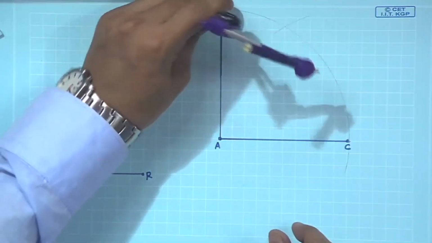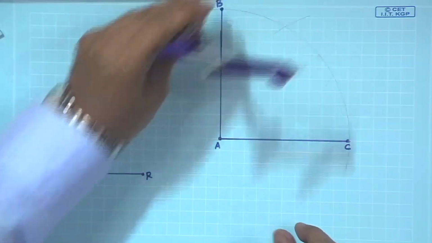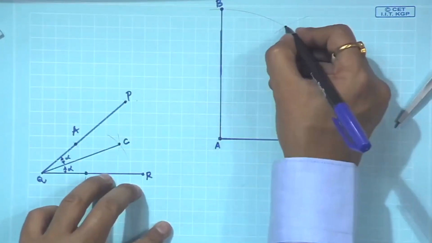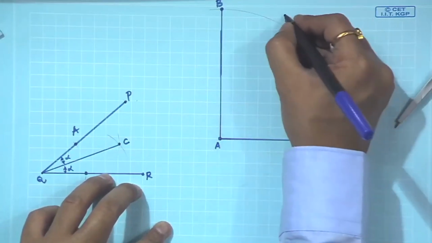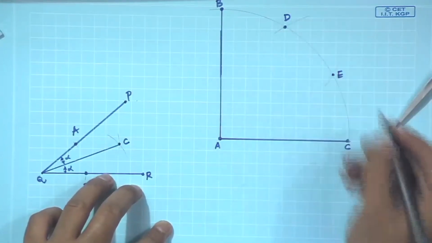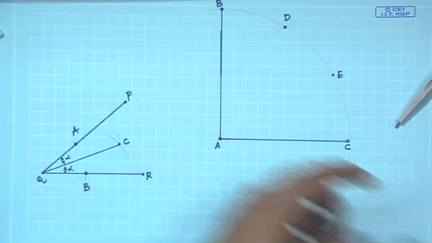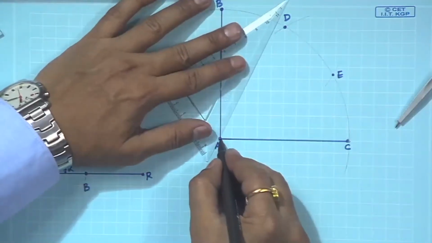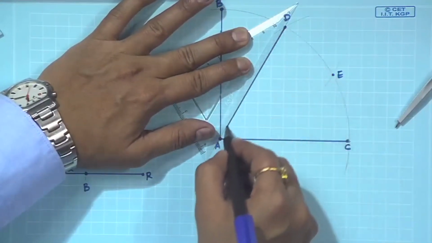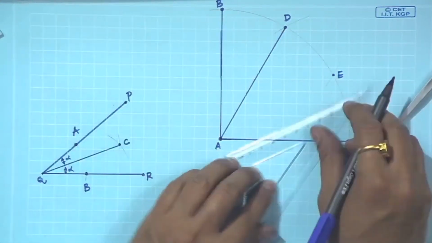Similarly, from B, mark an arc. Join the points D and E, and once it is done, join them.